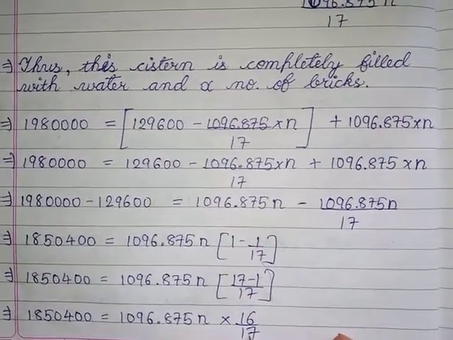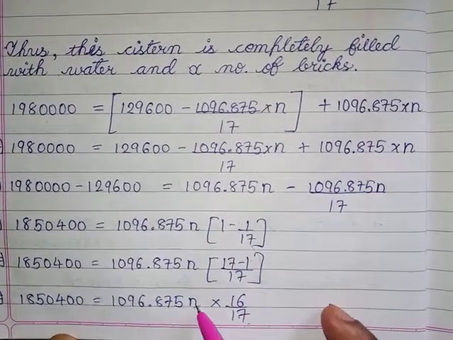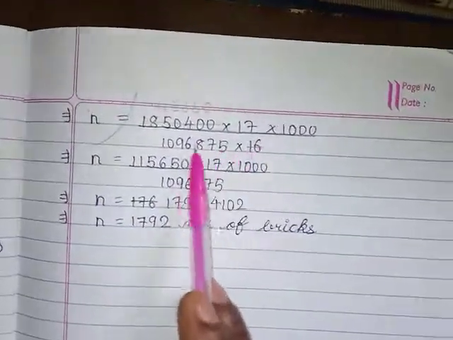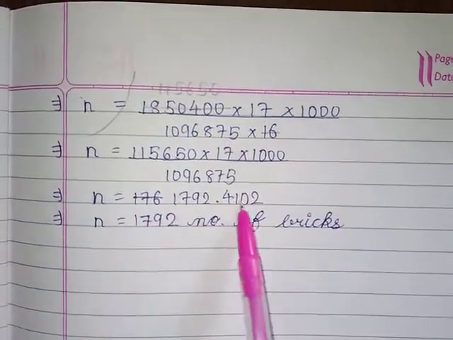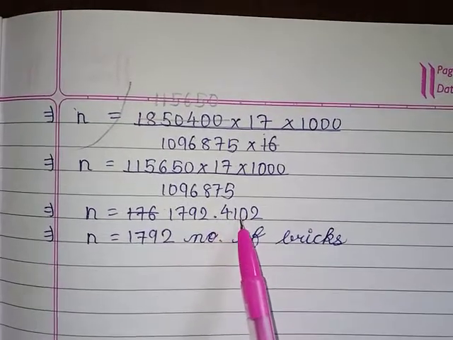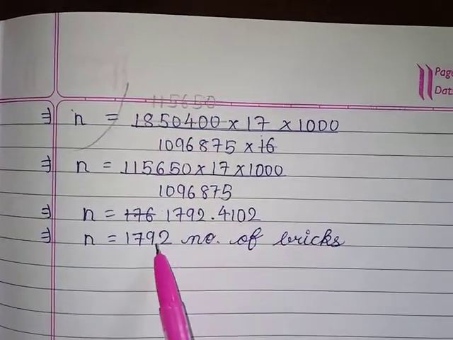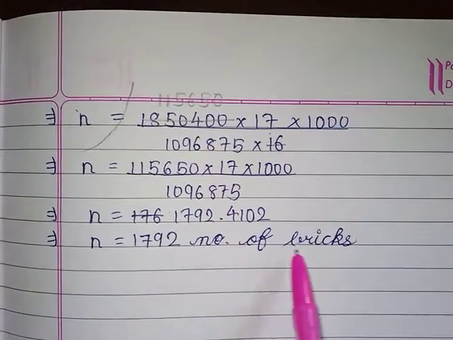So the 17 will go in multiplication, 16 will go in division, and n will also go in division. So finally, after simplifying, you will get the answer 1792.404102. So roughly we can write it as 1792 bricks.